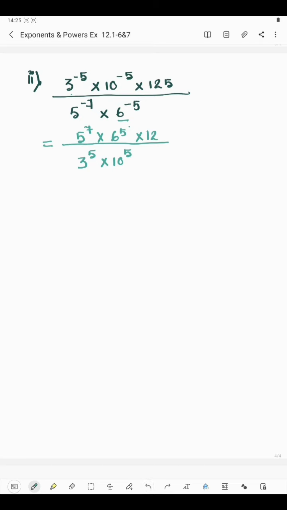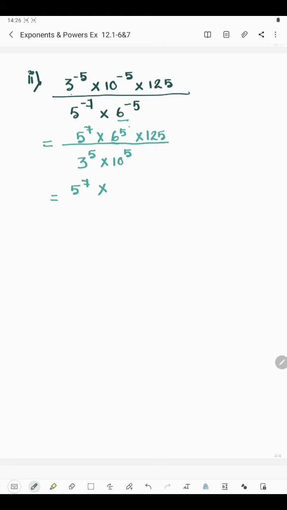Now step 2 is to find the prime factors. 5 and 3 are prime numbers only, so we cannot find prime factors of them, but we can find the prime factors of 6 and 125. Here 5 raised to the power 7 will remain the same.